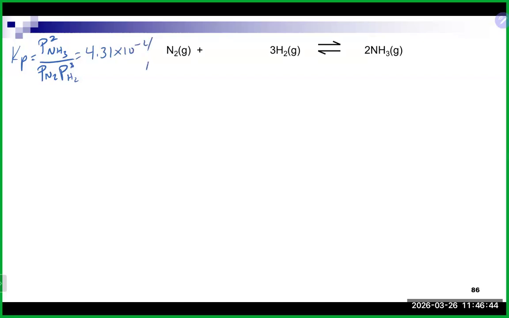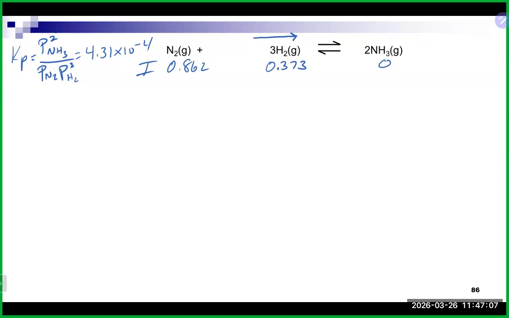We can do our ICE table here. Initially we've got 0.862 atmospheres, 0.373, and nothing mentioned about the NH3, so we can assume it's going to be 0.